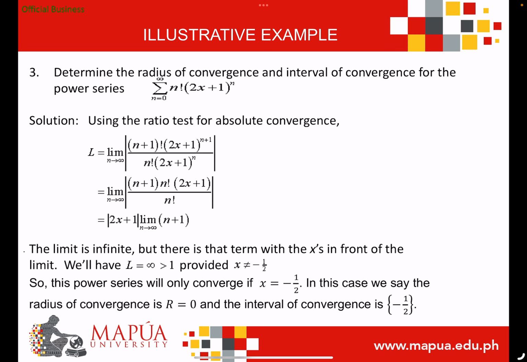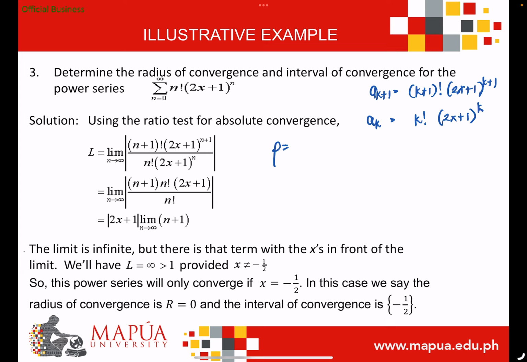Now let's check for the radius of convergence and interval of convergence for the power series n factorial times (2x + 1)^n. We can use the ratio test. Your a sub k plus 1 is (k + 1) factorial times (2x + 1)^(k+1), while your a sub k is k factorial times (2x + 1)^k.